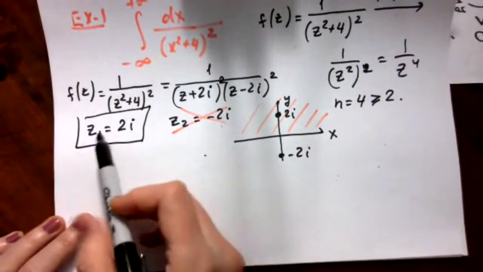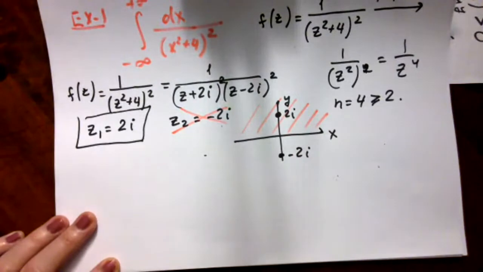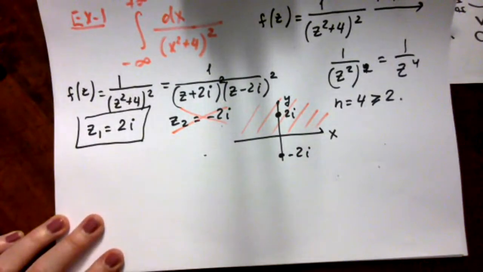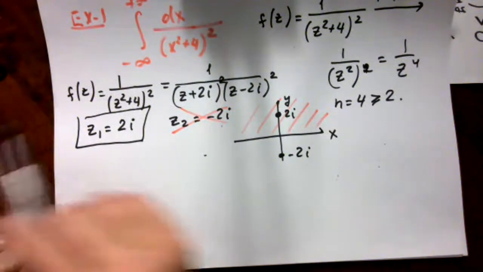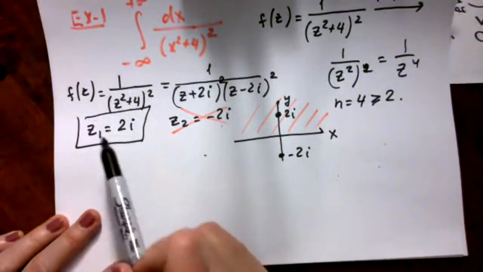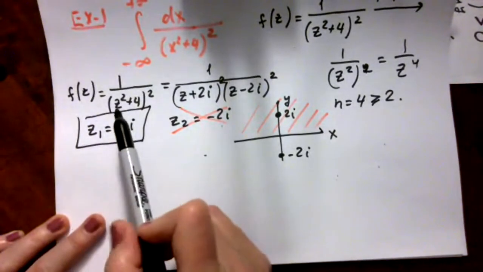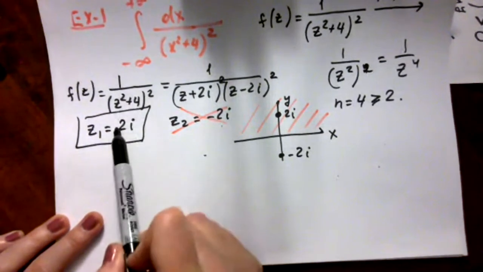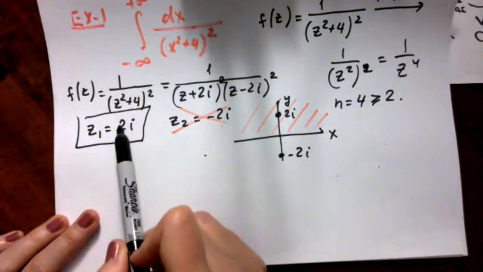Okay. But how can we calculate the residue of the function in this point? The best idea, as you know from my previous videos, would be to expand our function into a Laurent series. But you know what? It's not very convenient, because the best situation, when it's relatively easy to expand into a Laurent series, is when your singularity point is 0.